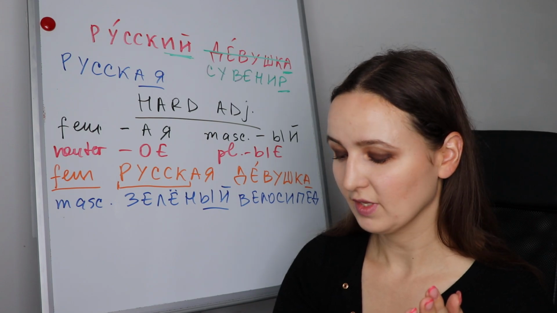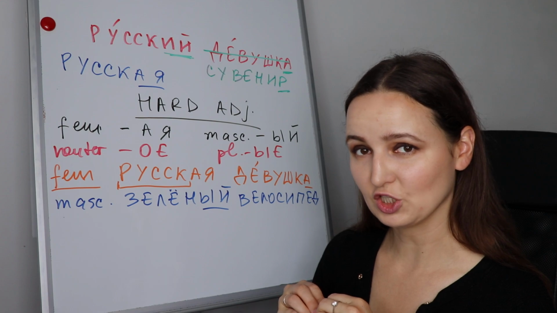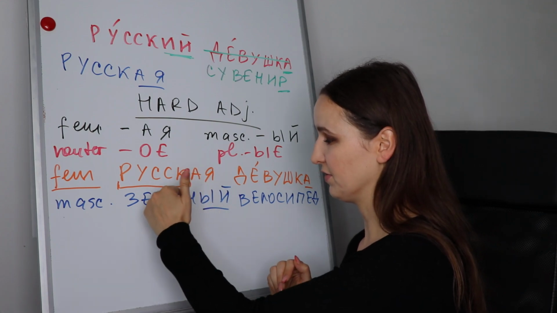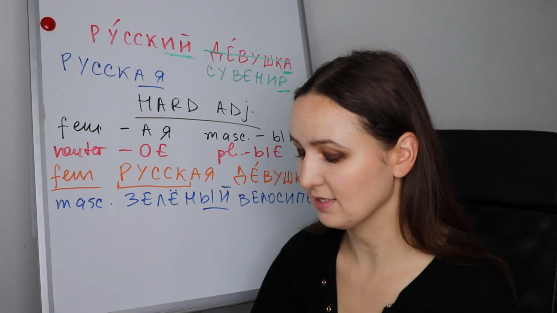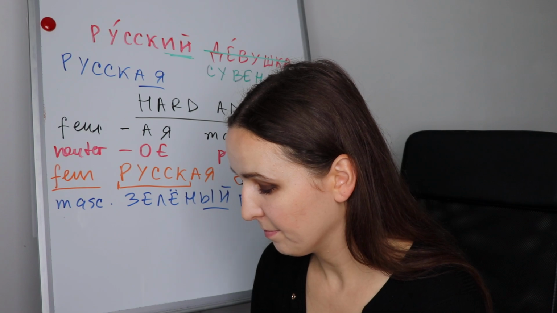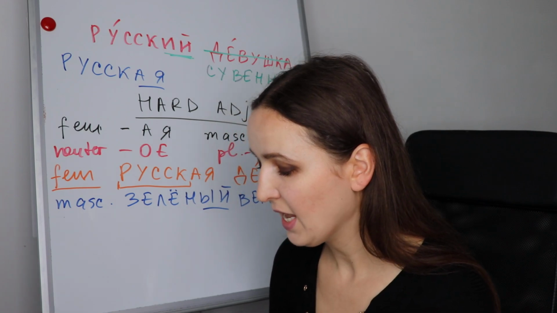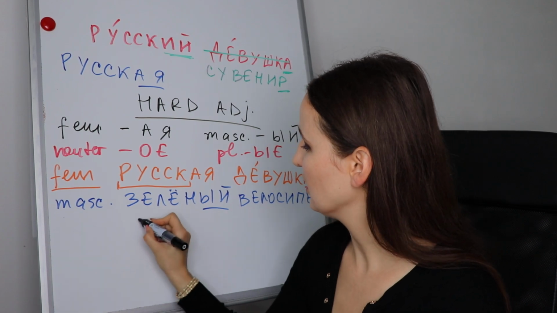Well, right now, let's talk about soft adjectives to see the difference. Sometimes n can be soft. Let's look at the example. Masculine. Последний герой. So soft.